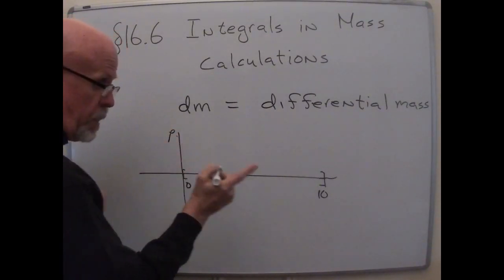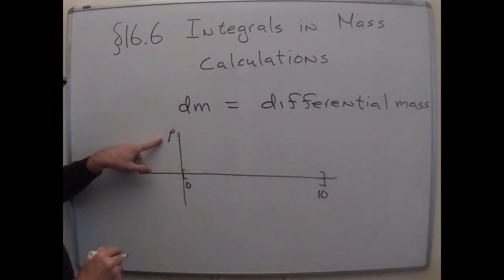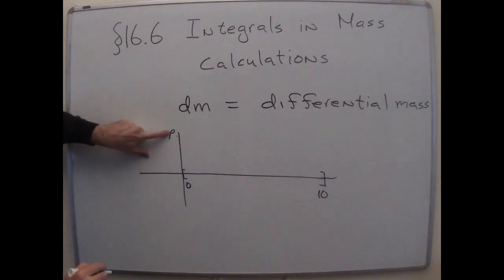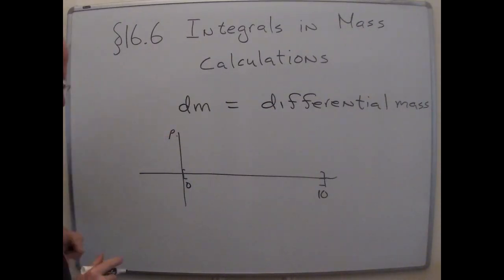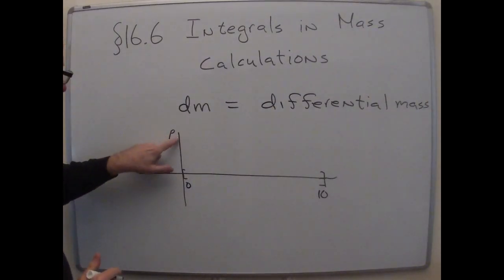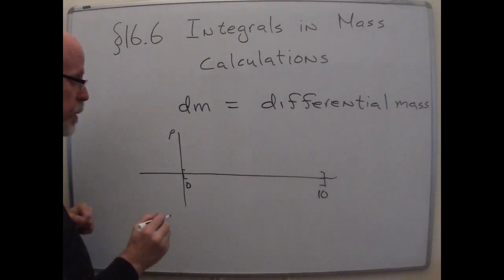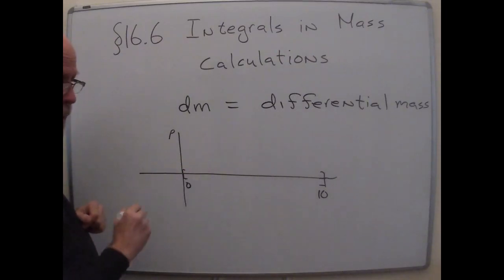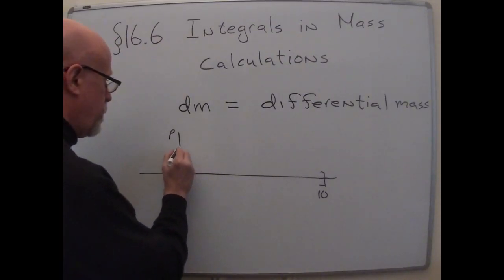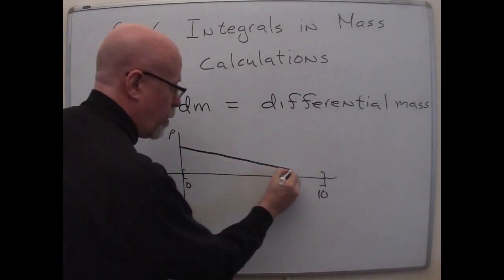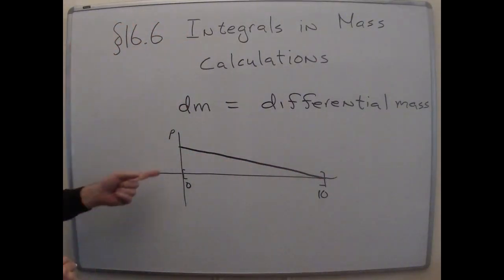By the way, in engineering and science, most often people use the letter rho for density. That may seem confusing since we just use rho for radius in spherical coordinates, but if you want to use d for density, nobody complains about that either. The tapered triangle-shaped thing I had started with some density and goes down to 0 by the time we get to the end of it. So a density that looks something like that.